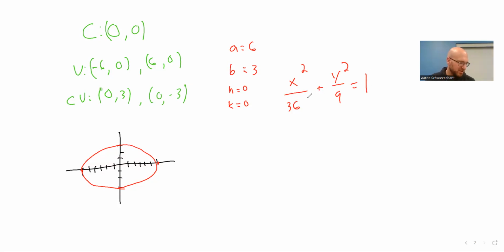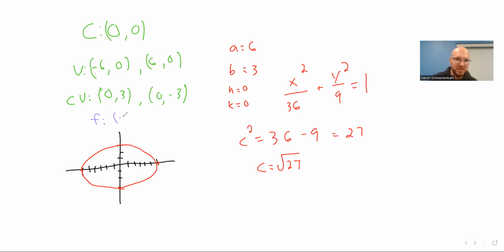There's my equation. This didn't ask me for this, but I want to find the foci. I know that C squared is A squared minus B squared. That is 27. So C equals square root of 27. I'm going to plot those on the graph.